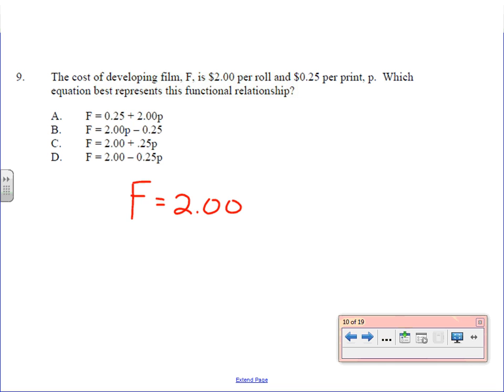But on top of that $2, they're also going to charge us 25 cents for every print that we get. And we're going to use the letter P to represent the number of prints we get. So when I add those two together, I get my total cost. So which one of those choices looks like this or similar to that? C. C is correct. That's all there was to that.